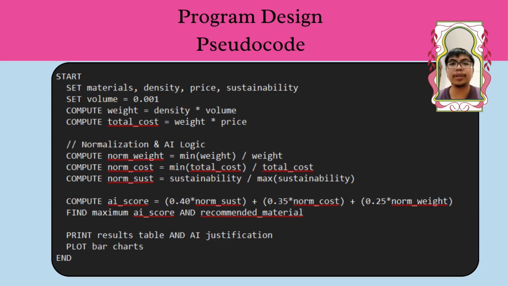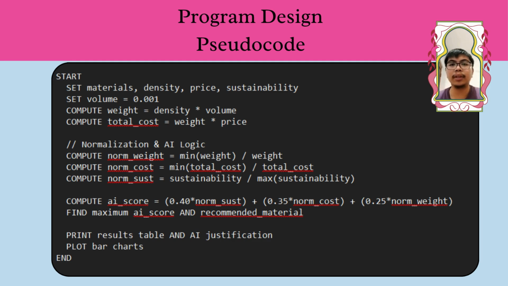To use this strategy programmatically, we converted the logic into clean pseudocode. The program initializes the data matrices and uses a sequential loop to execute engineering calculations for all materials. It then determines the mathematical minimums and maximums across the dataset to execute the normalization arrays.